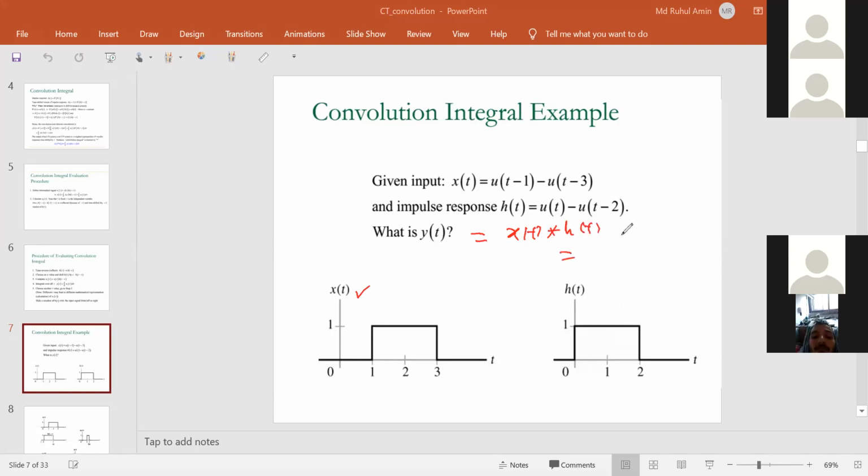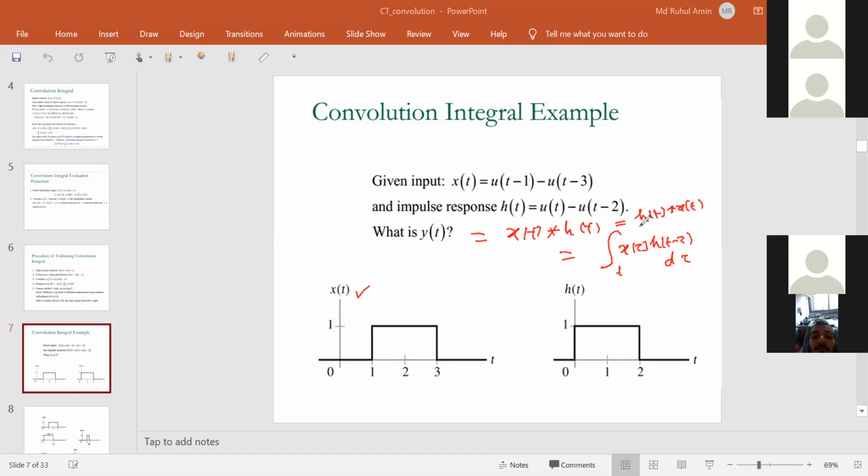Then we have to evaluate the integral over tau of x tau into h t minus tau. Now you see that your convolution integral is commutative. That means you can exchange the positions of x and h. You can swap these two. That means xt convolution ht is equal to ht convolution xt.